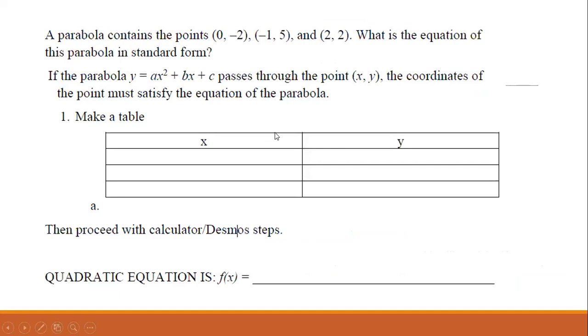So the first problem gives us 3 points, and our 3 points are what our table is going to be made of. Our table is going to be made up of (0, -2), (-1, 5), and (2, 2).